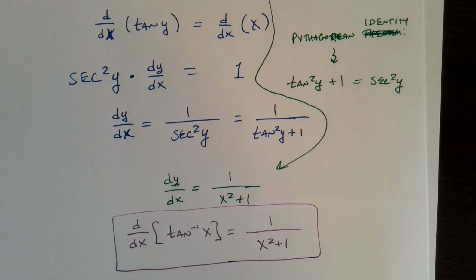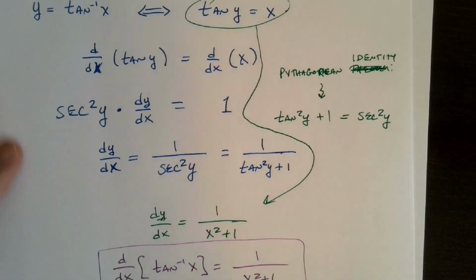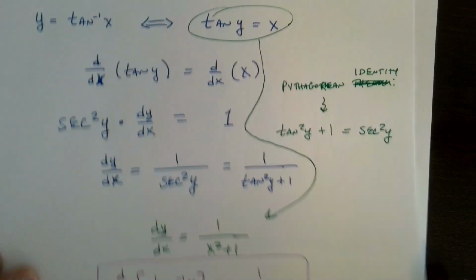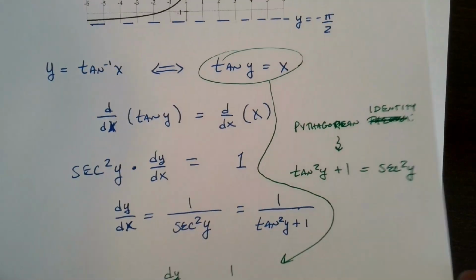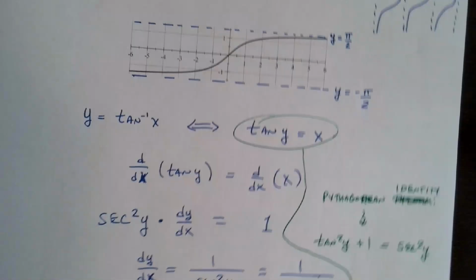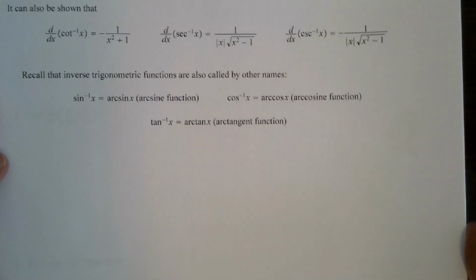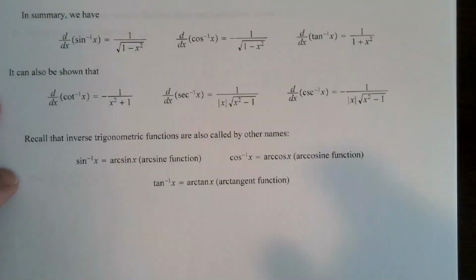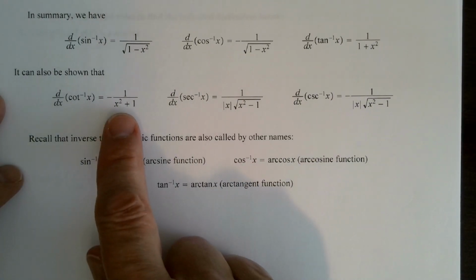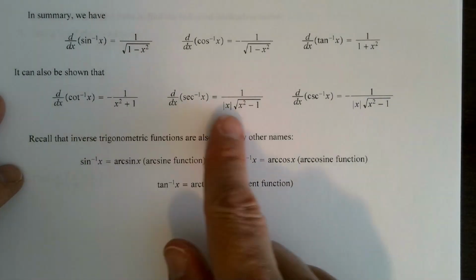So we basically have 3 new rules, one for the inverse sine's derivative and inverse tangent, and then hopefully you'll derive the one I showed you above for the inverse cosine. There are 3 more inverse trig functions, the inverse cotangent, inverse secant, and inverse cosecant. It can be shown that their respective derivatives are as follows.